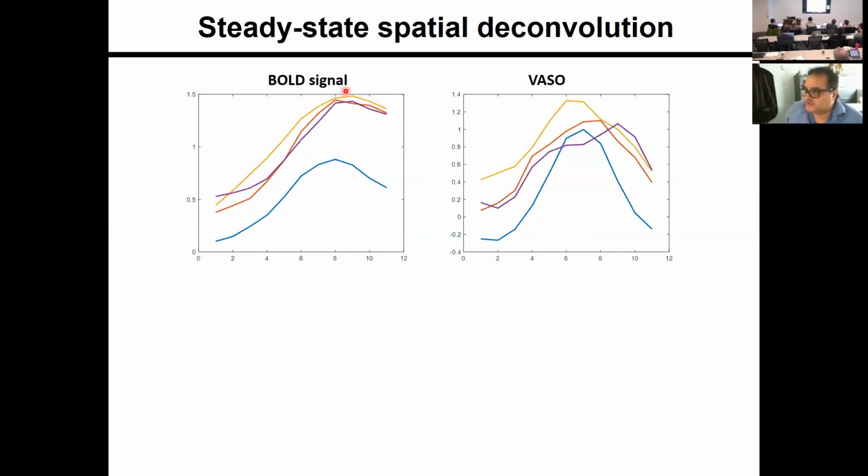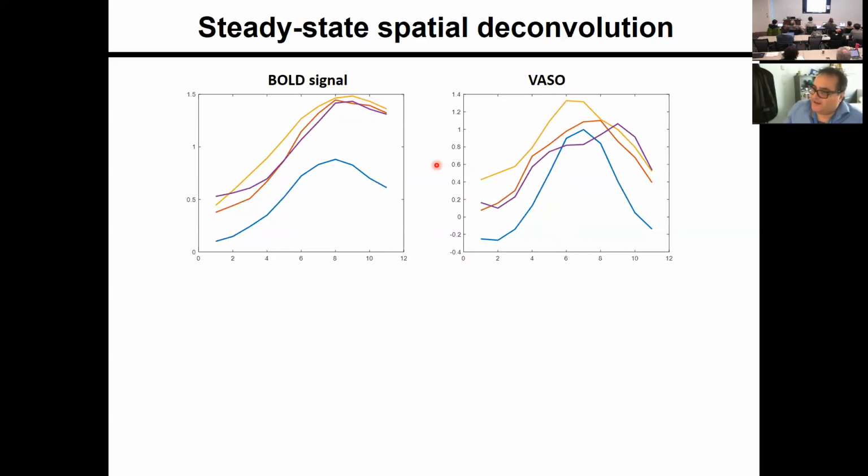The orange curve goes up towards the surface and peaks at depth number 9, closer to the surface. Whereas VASO increases and decreases again, with a peak at layer number 6. It's not layer 6, but the layer on the x-axis which was labeled 6. So we have a different localization of the peak.